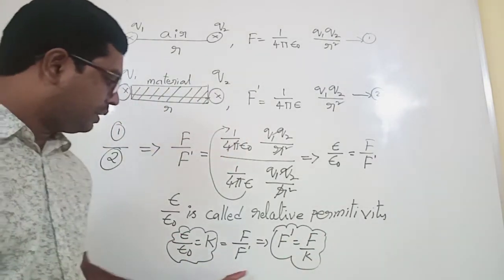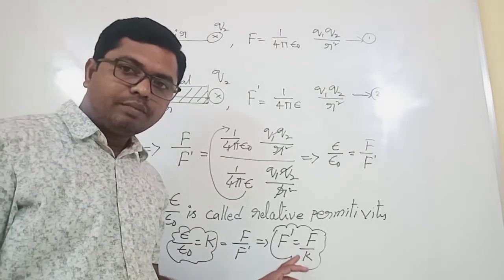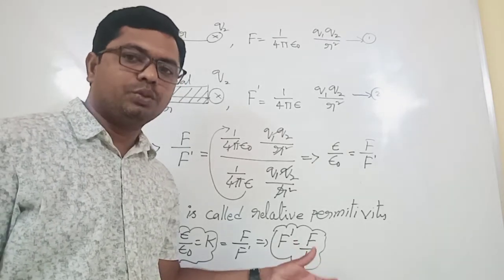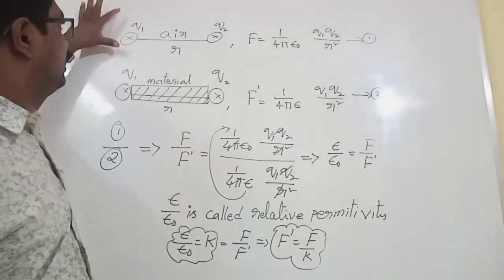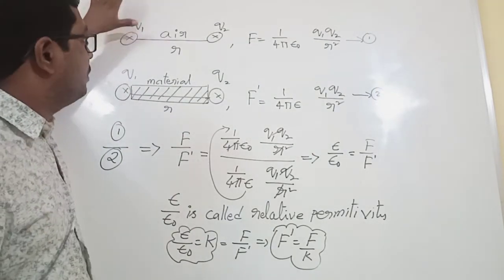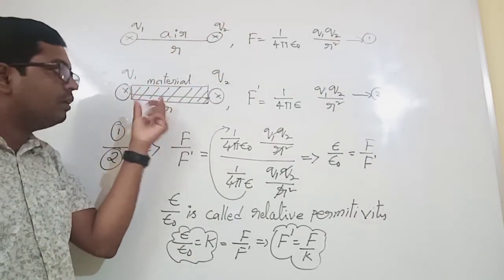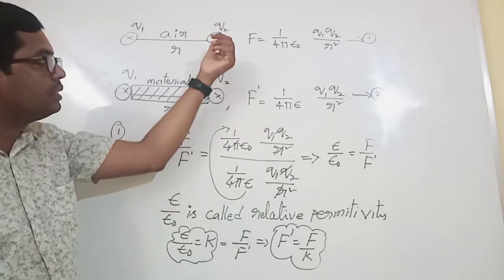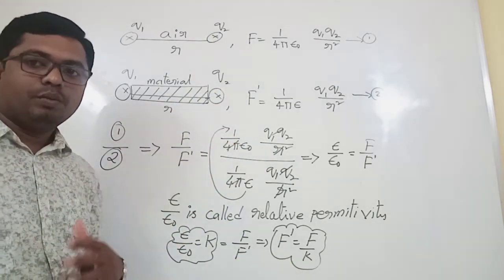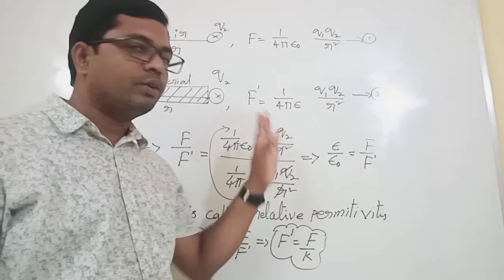Cross multiplying, F dash is equal to F by K. In the sense, if you introduce any new medium, where even air or vacuum has space, the force is F. If you introduce any material medium, the force is F dash. The force is decreased by K times, where K is called the dielectric constant or relative permittivity.